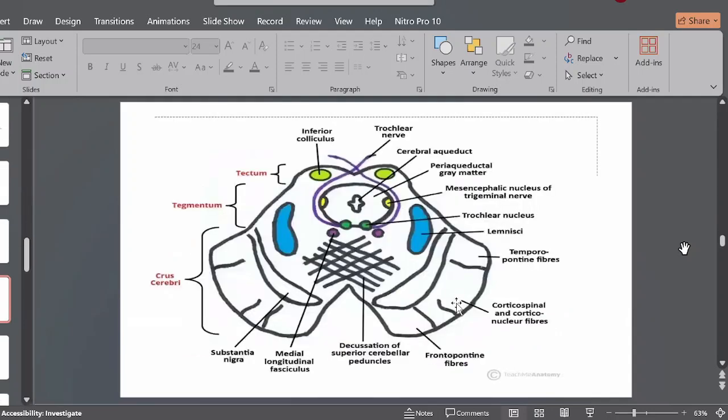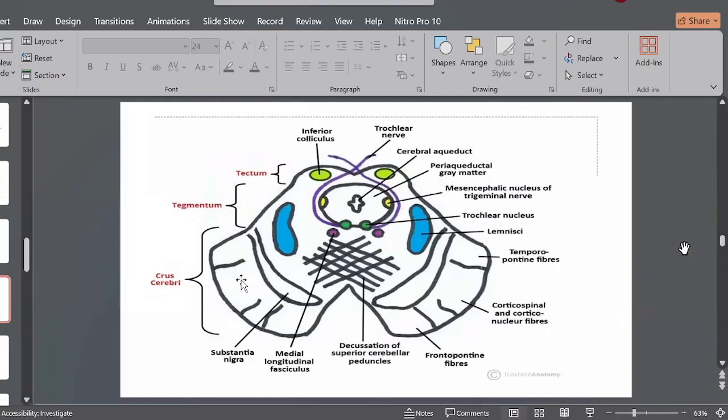Now, when you cut the midbrain horizontally, these are some of the structures you are able to appreciate within the midbrain. You're able to appreciate the tectum, tegmentum, and crus cerebri.